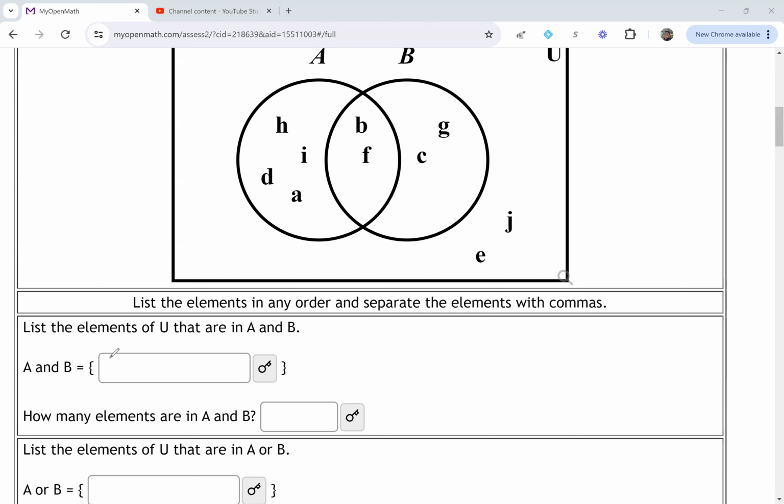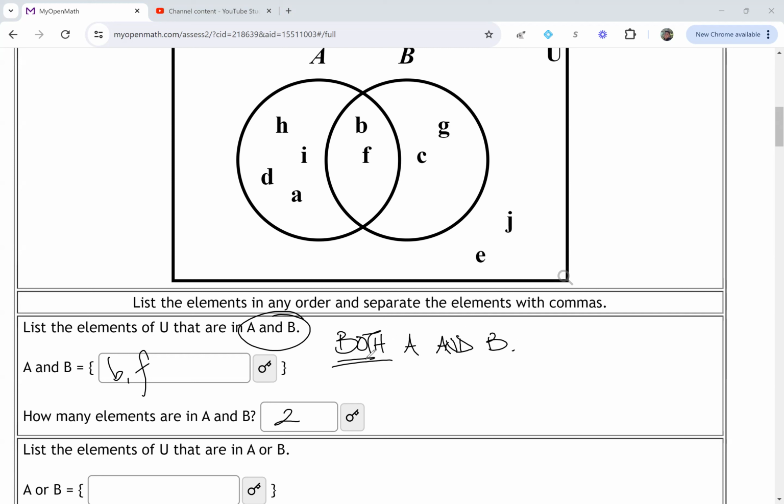And if you remember, that was B and F. Now, how many elements are there? Well, we count them. There's B, that's one, F, that's the second one. So there are two elements in both A and B, all right? So when we say A and B, we mean both A and B. All right, that would be the key word here.